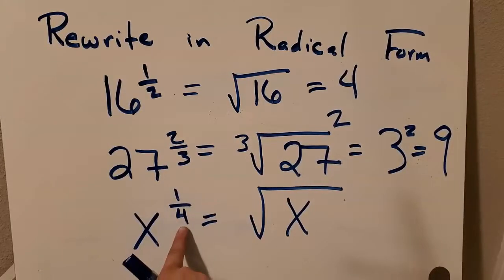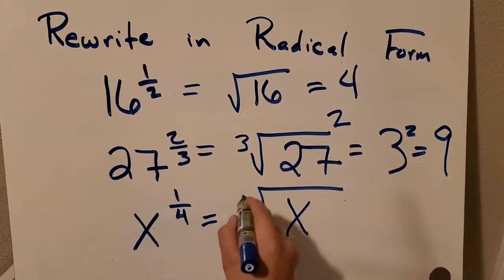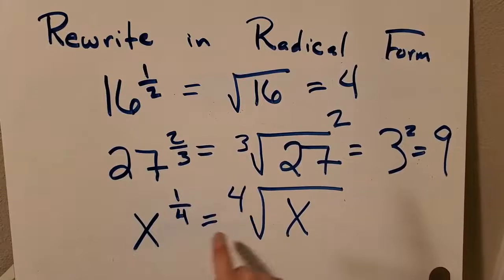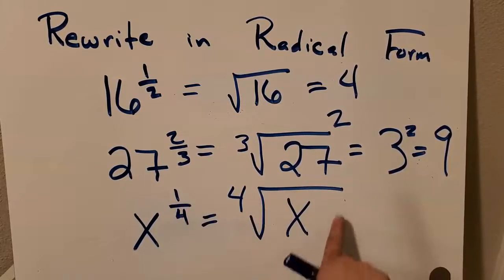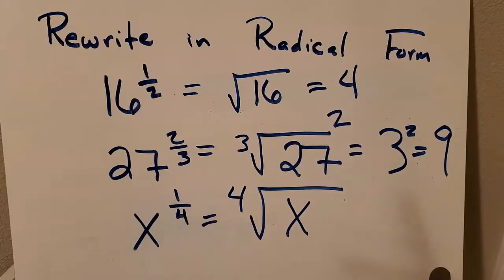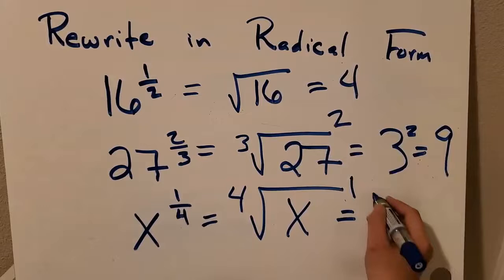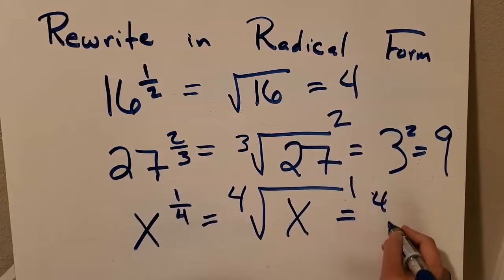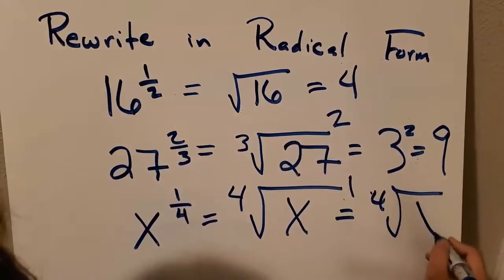The bottom number of the exponent comes outside the root sign, and the root is raised to the power of that top number. So this is going to be to the first power, but anything to the first power is the same value. So you don't have to write that. You can write the 4th root of x.